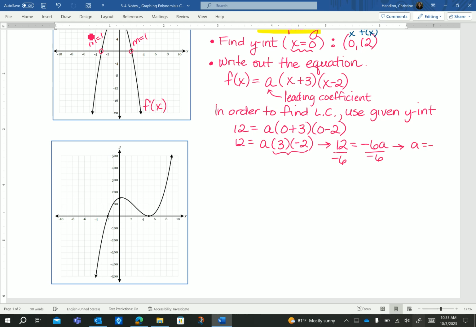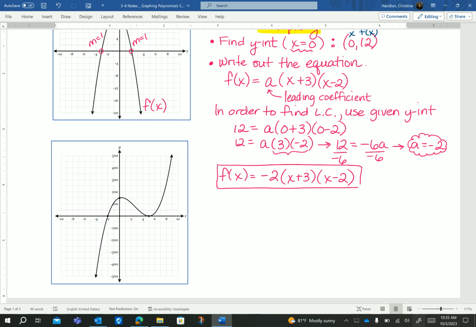So a is going to equal -2. Once I have this a value, I'm practically done with this problem, because I'll go back to the shell of my equation, replace the a value with the leading coefficient I found, and finish writing out the factors, and I'm done.